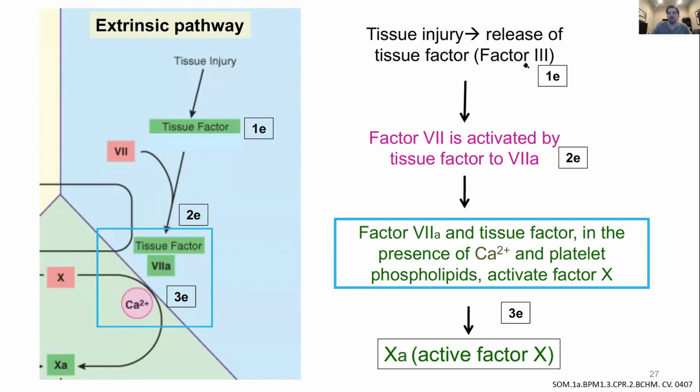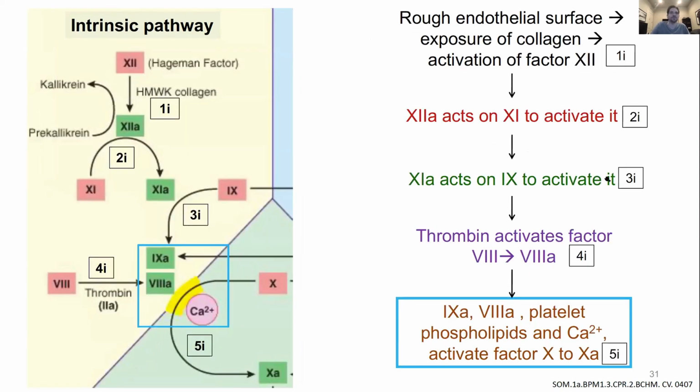Factor 3, or tissue factor, activates factor 7. The whole goal of both the extrinsic and intrinsic pathways is to activate factor 10. Factor 7 gets activated and uses calcium and phospholipids to activate the common pathway, factor 10.